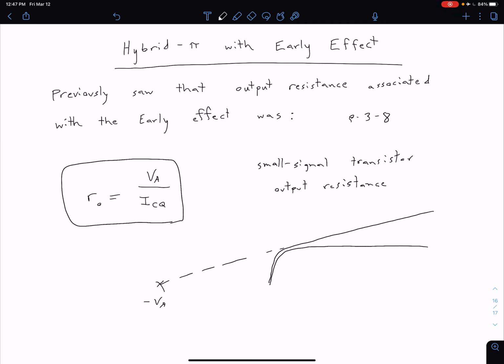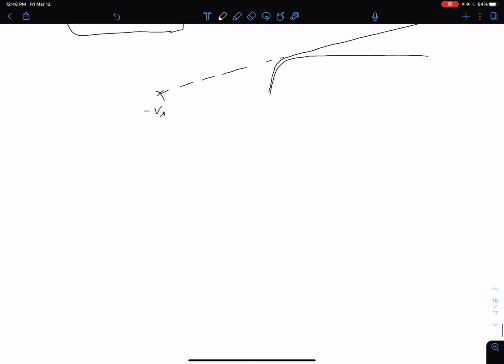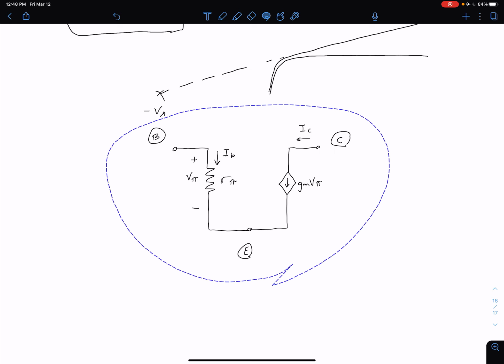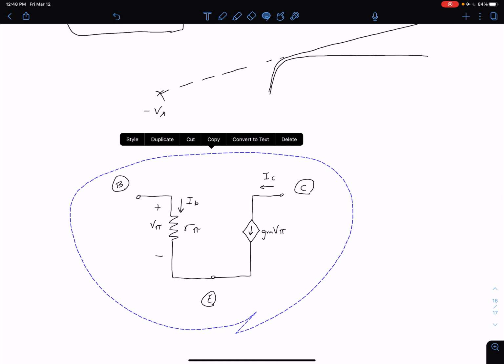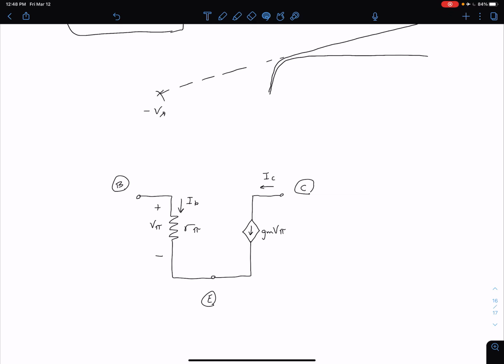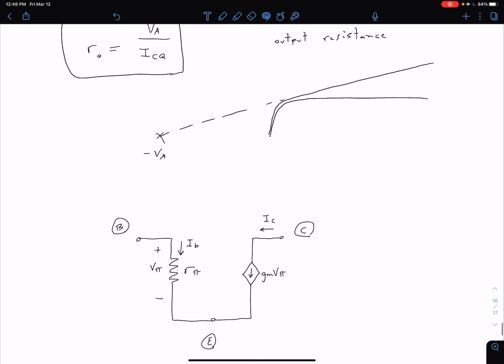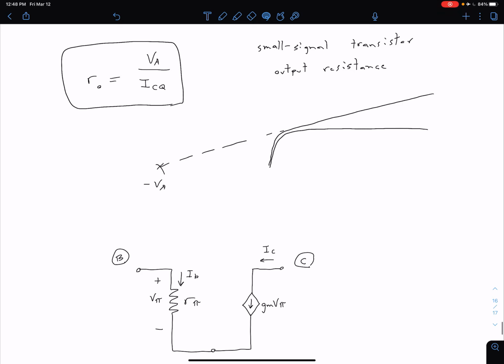So how do we actually update our small signal model? Let's start by looking at what our model is without our early voltage. We had our R pi between the base and emitter. We have our dependent current source between our collector and the emitter. So our R0, as we briefly mentioned, is relating the collector current to the collector emitter voltage.